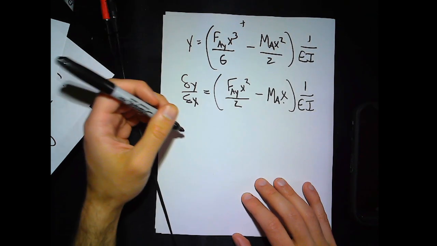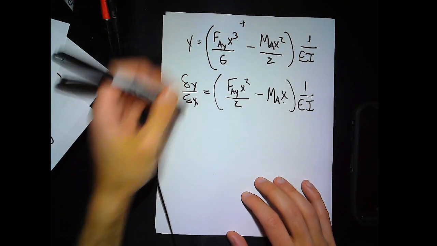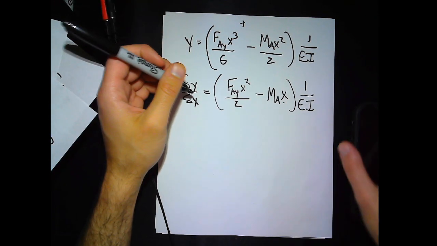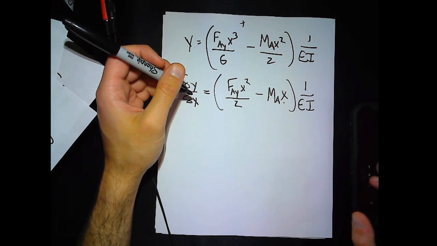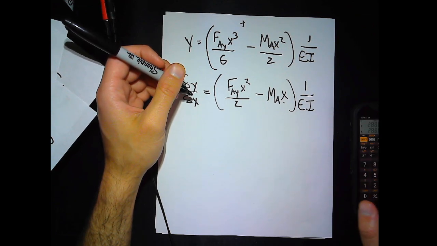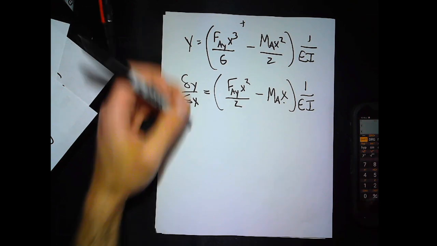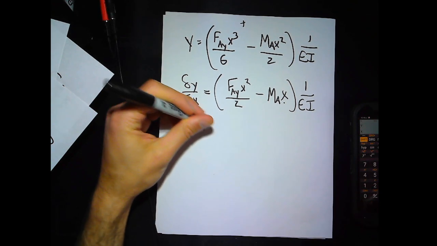So if I wanted to find the slope or deflection at x, I just substitute that in, solve it out, and get something that looks vaguely like this. So let's see, x equals 12 inches.